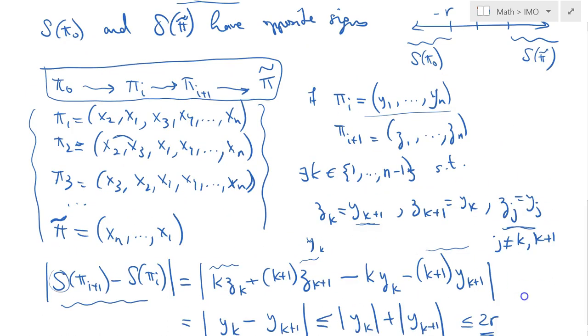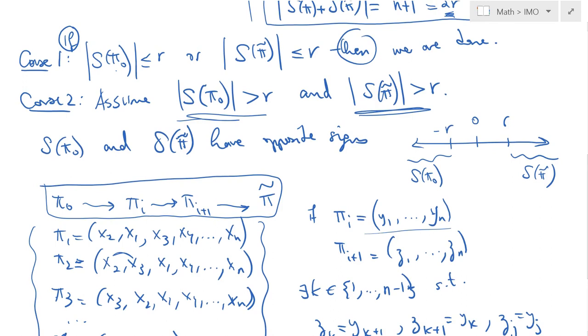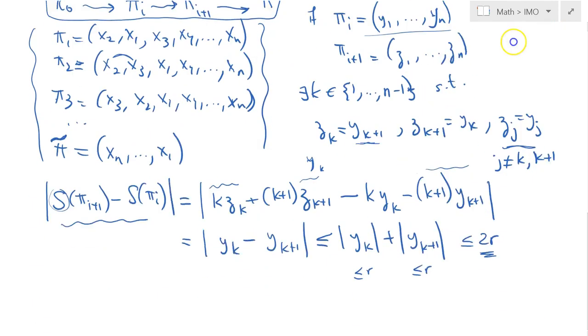But look, remember how we started early on. Without loss of generality, for instance, s of pi sub 0 is less than minus r, and s of pi tilde is greater than r. So it is going to make some jumps. After each step, let me write this down.